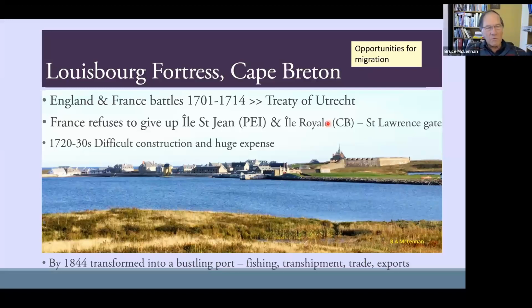So the wars between France and England were being resolved by this Treaty of Utrecht in 1714, and France refused to give up what they call Ile Saint-Jean, or what we call today PEI, and the Cape Breton, which was called by the French Ile Royale, which are there at the entrance to the St. Lawrence Seaway.